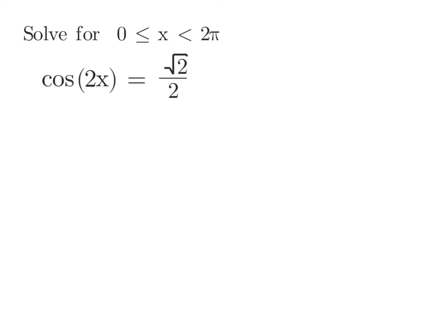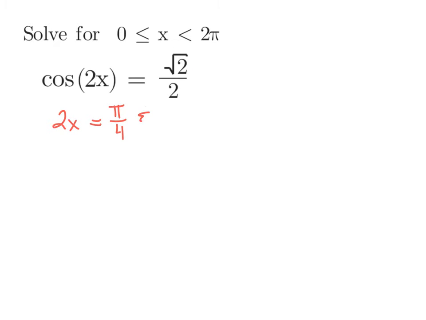So what about when the equation changes from cosine of x to cosine of 2x equals root 2 over 2? Now we can use our instinct and see how far that takes us. We know that cosine is root 2 over 2 when that 2x is going to equal pi over 4.